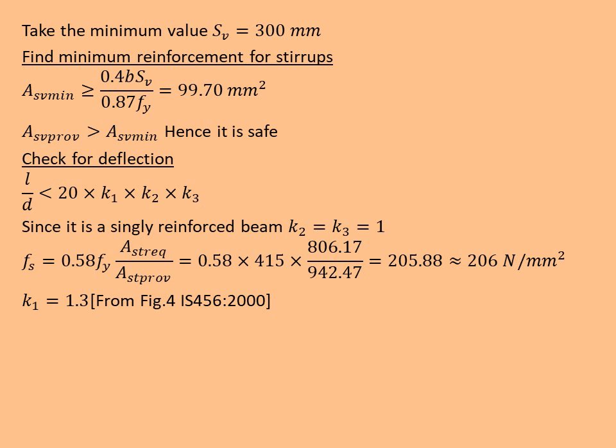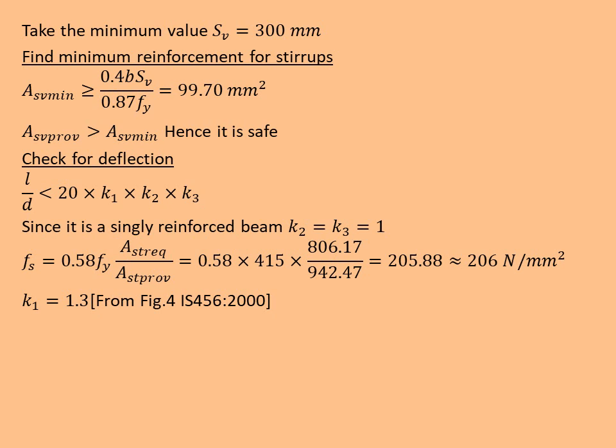We draw a line from the PT value, that is 0.698, to the curve, that is 206, a particular point in the curve 206. After that, from the curve we draw another line to the y-axis and we get the value of modification factor.